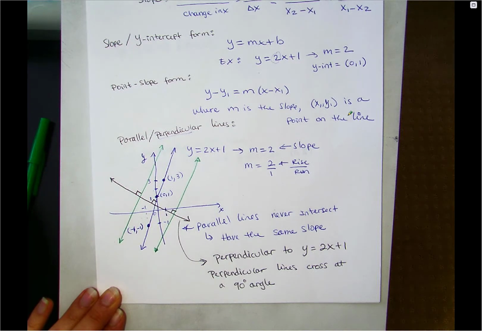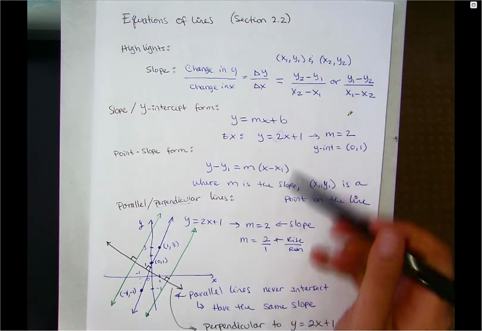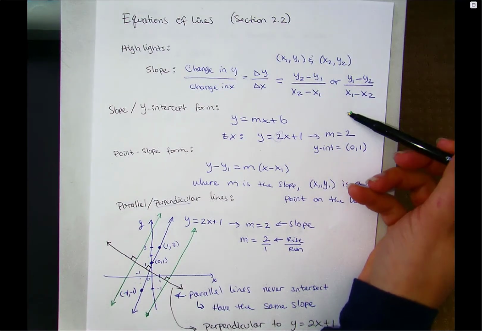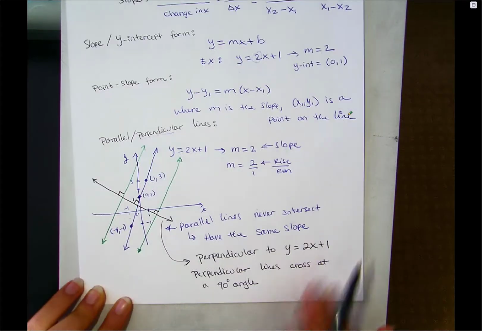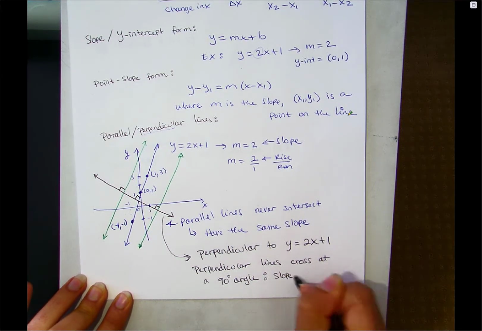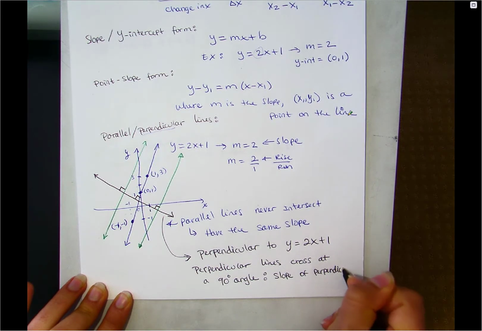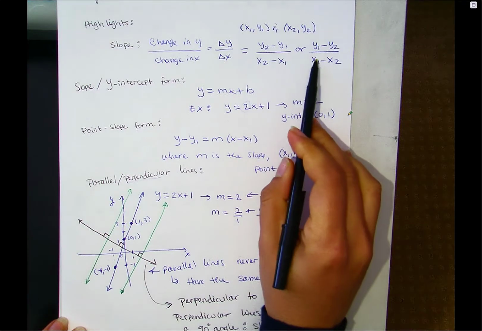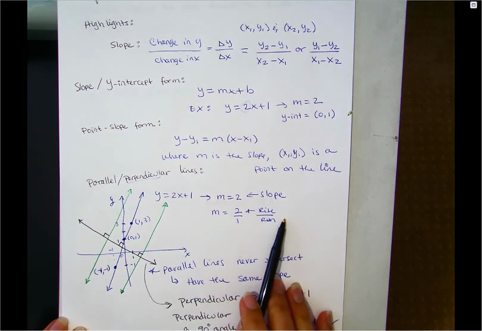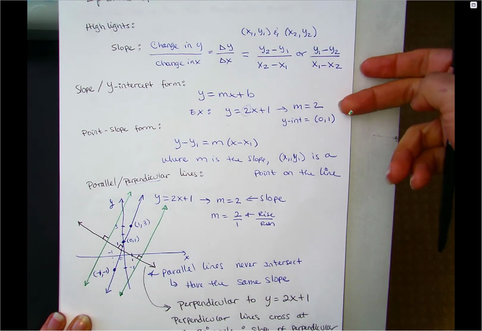So for perpendicular lines, the x's and the y's in the slope are going to switch places. So the slope of a perpendicular line is the reciprocal of the original slope, because the x and the y switch places.